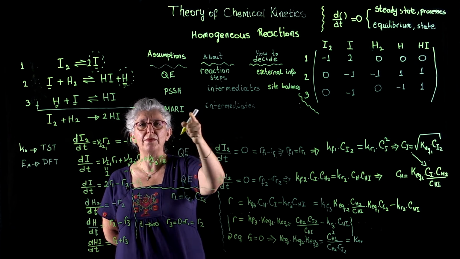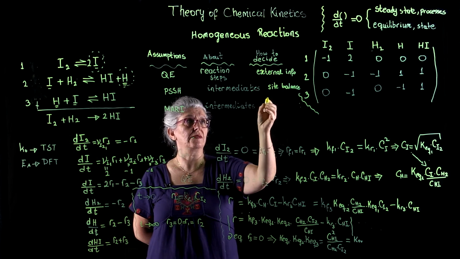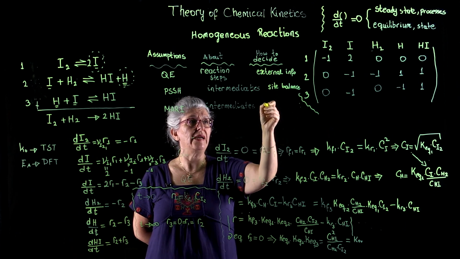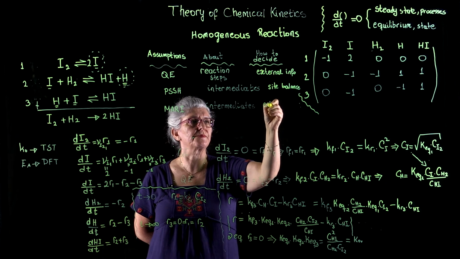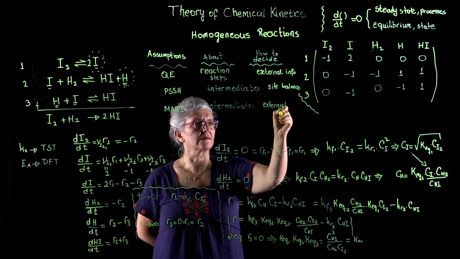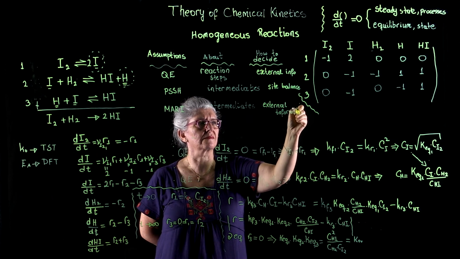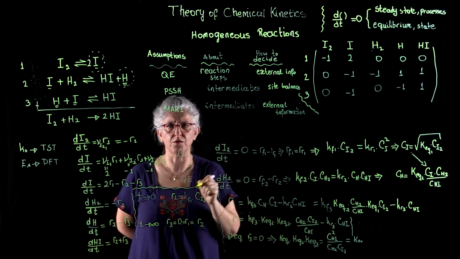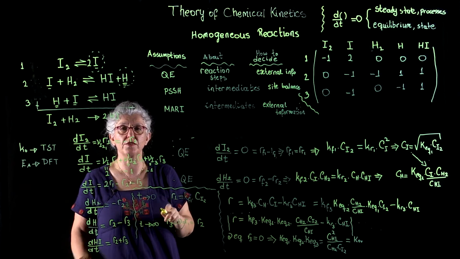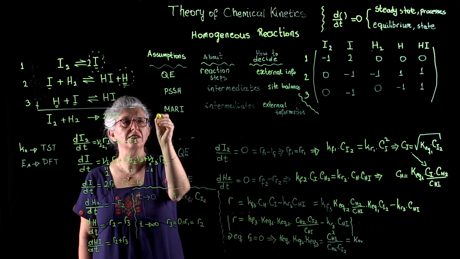The most abundant reaction intermediate also has to be supported by external information, such as the surface concentration of the most abundant reaction intermediate.